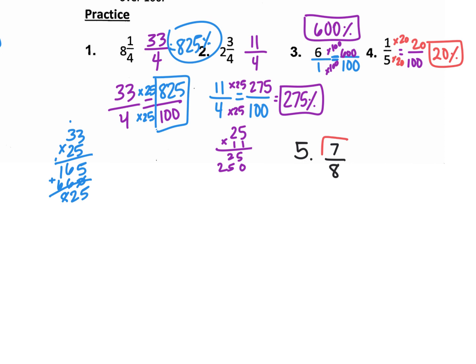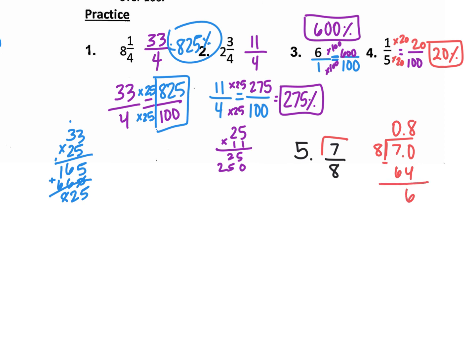First, I'm going to make my fraction into an equivalent decimal by dividing, because a fraction is a division problem. So 7 divided by 8. I'm going to work that out right here. 8 goes into 7 0 times, so I add my BFFs, decimal and 0, pop that decimal to the top. 8 goes into 70 8 times, which is 64. This is just basic division right now.